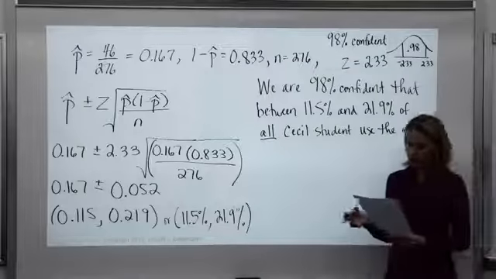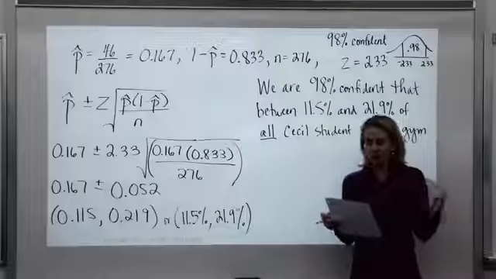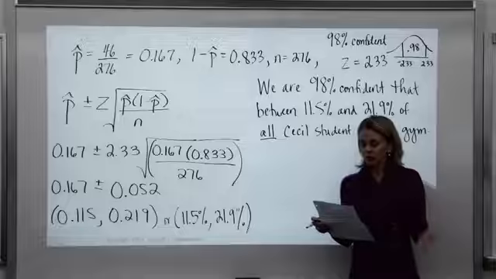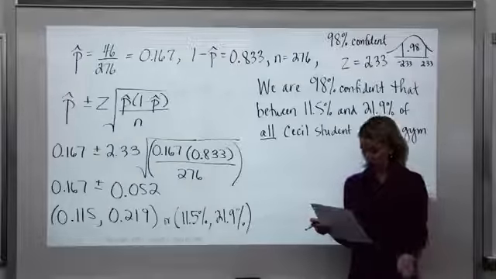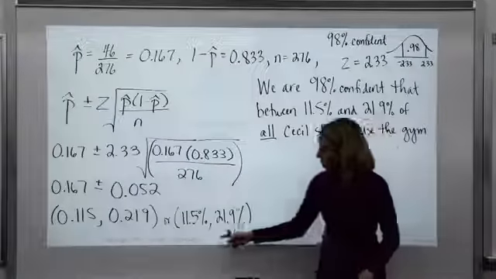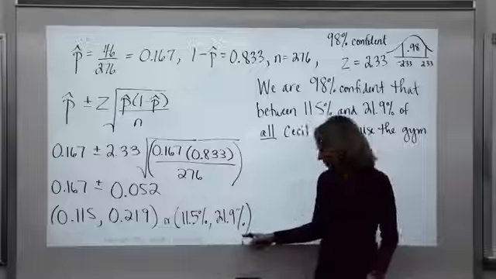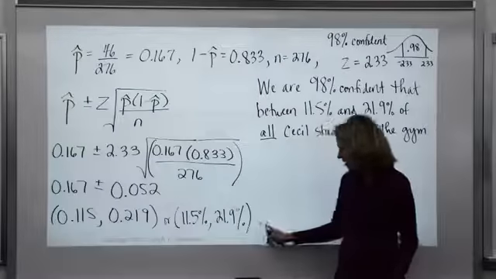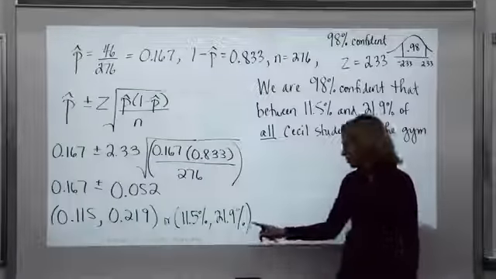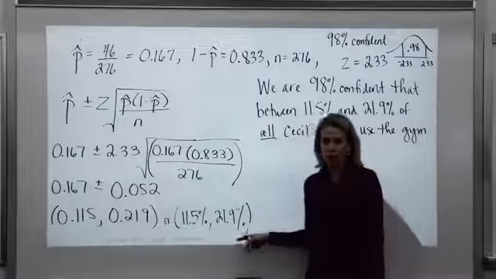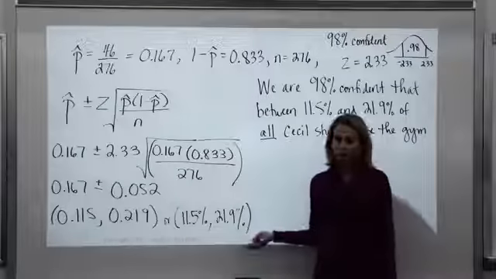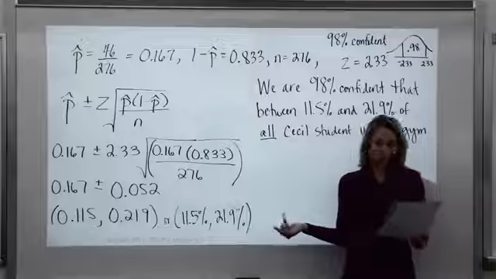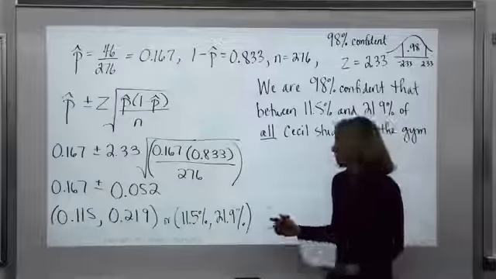And then finally, let's answer that question. At the bottom it said, does it seem that the college is meeting its goal that at least 25% of students are using the facility? Well, look at the interval that you got. Where's 25%? 25% is above this interval. Your entire interval is below 25%. So based on this confidence interval, it does not look like the college is meeting its goal.